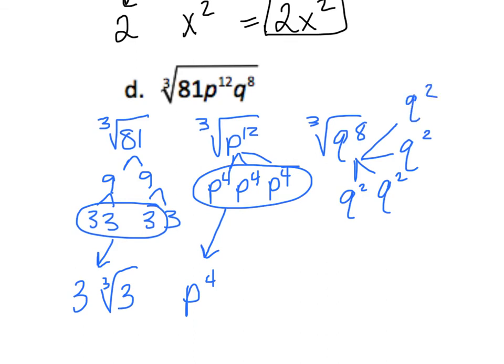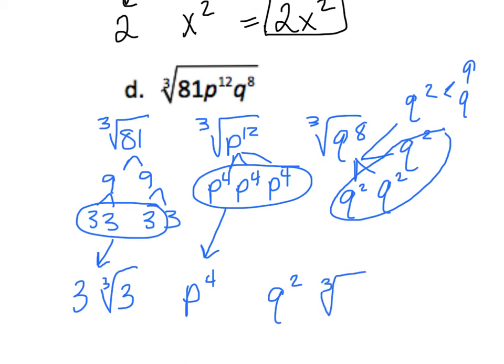Now, again, you're looking for groups of 3, and you've got a group of q squareds. And now again, just to check, q squared breaks down into q and q, but because it's a cube root, I need groups of 3. So this one will stay underneath the radical.